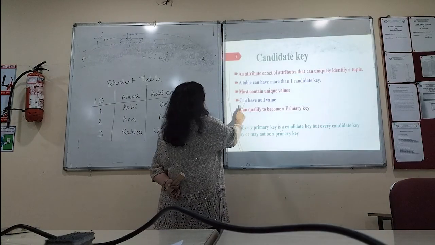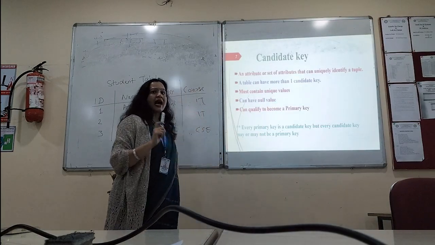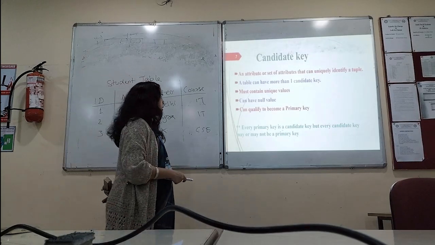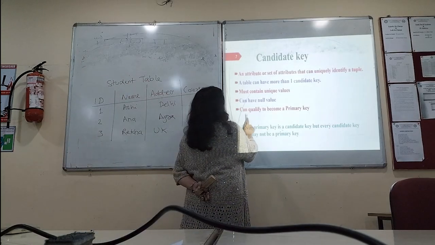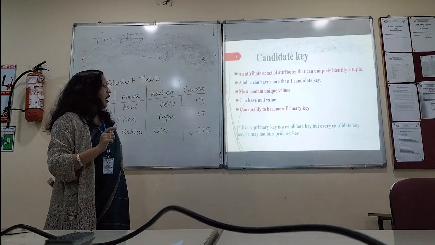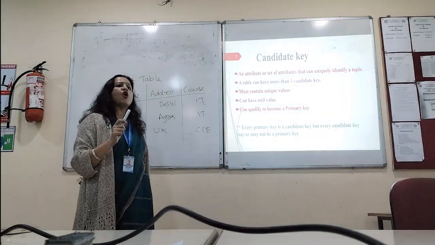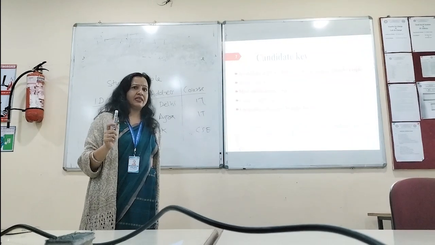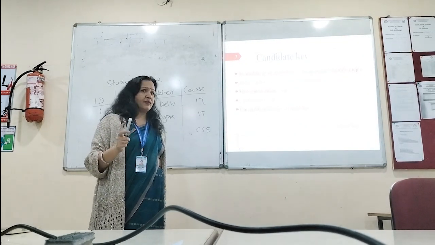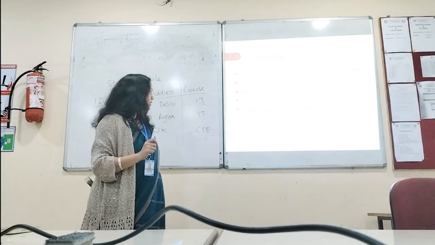But the difference is that it can have a null value, unlike a primary key. Another point is it can qualify to become a primary key. As I have told you, a candidate key has all the properties of a primary key, but it is up to the DBA to choose it as a primary key or not, right?